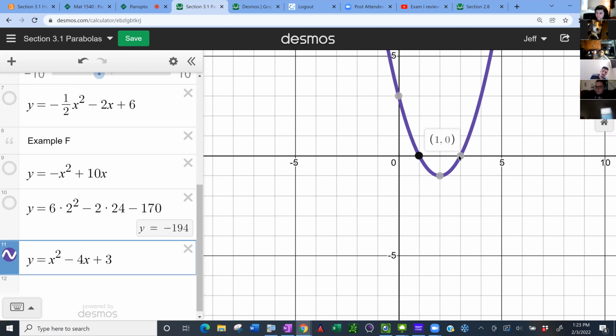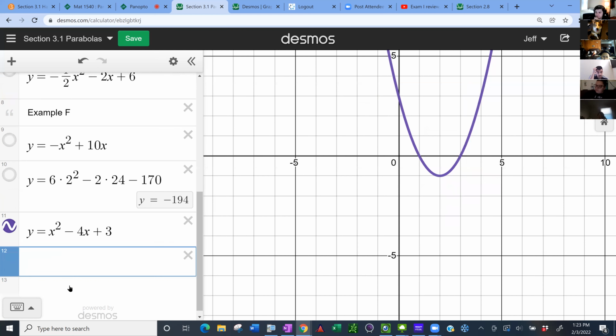Beautiful. There's my x-intercepts. There's my vertex. There's my y-intercept. Everything that I was looking for. By the way, you can get an extra point for free because there's a line of symmetry that runs through this graph. That's x equals 2.